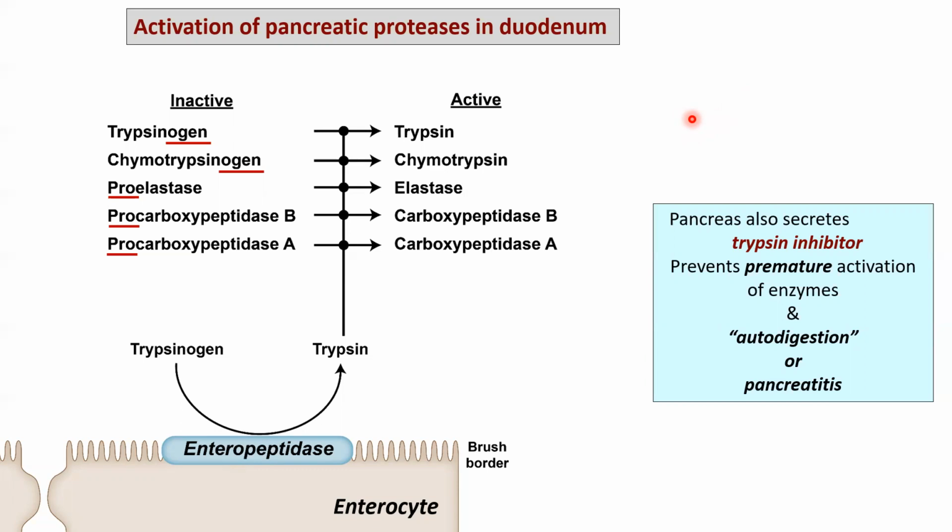So that's a safeguard, but there's not enough being secreted on a molar basis that, when these enzymes end up in the duodenum, it inhibits their activity. Once this cascade of activation happens, there's not enough trypsin inhibitor to stop it. So it's in the pancreas as a safeguard. It has trypsin inhibitor.